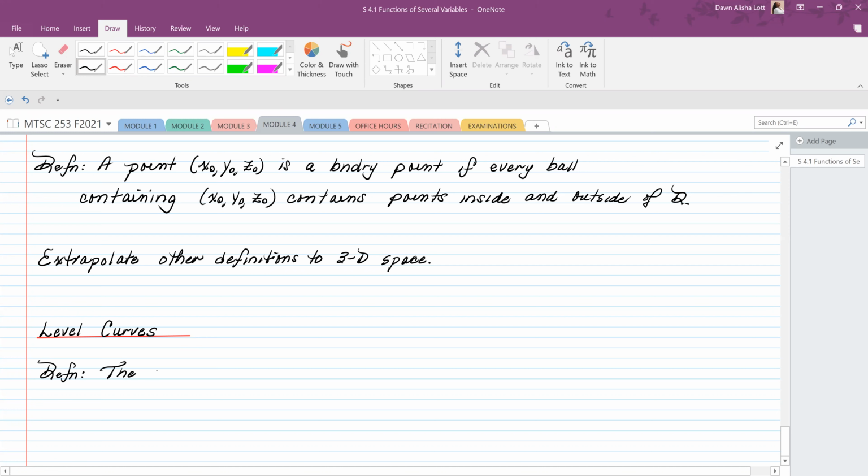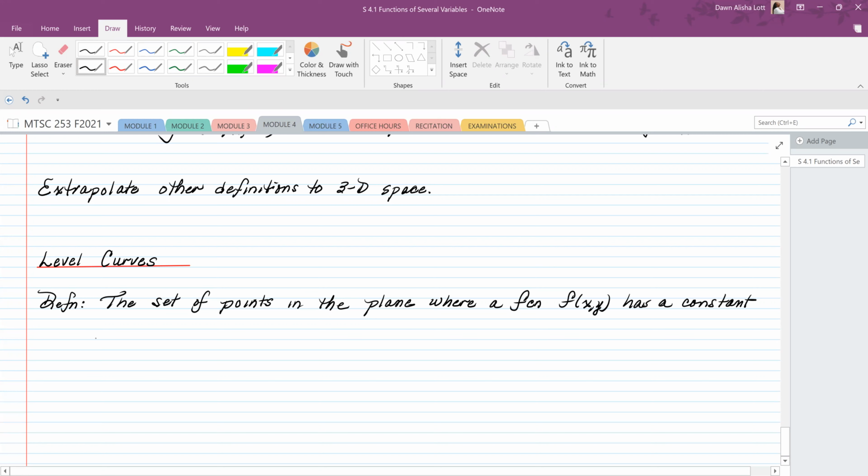The set of points in the plane where a function f of x, y has a constant value, f of x, y equals c, is called a level curve of f.